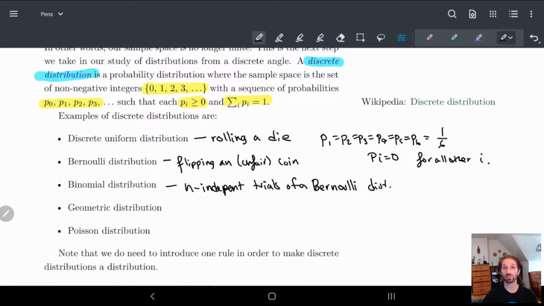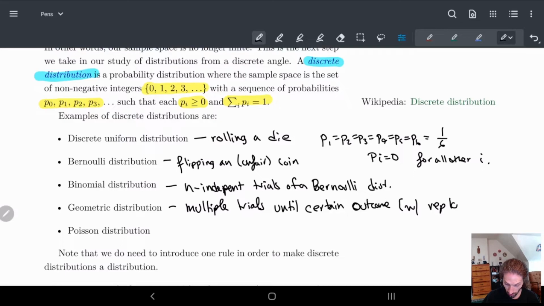The geometric distribution, this one we just saw, is multiple trials until a certain outcome. And this is with replacement, because with the birthday problem, we did it without replacement.